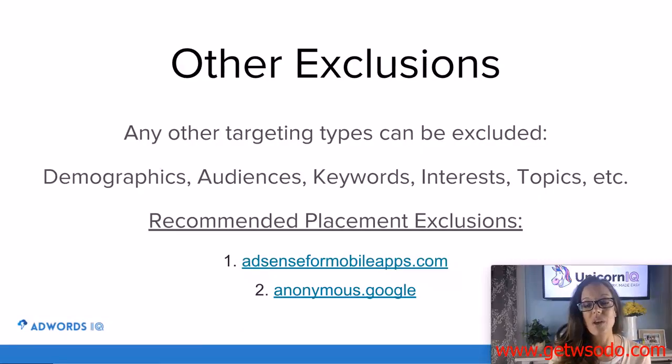And there are also other types of exclusions. These are called targeting exclusions, which are different from content exclusions. Targeting exclusions are exclusions at the keyword level, the placement level. Interests, audiences, topics, and demographics are all different types of targeting exclusions.